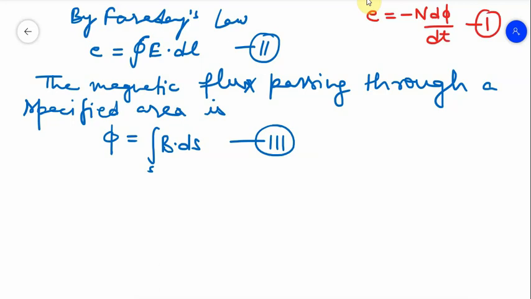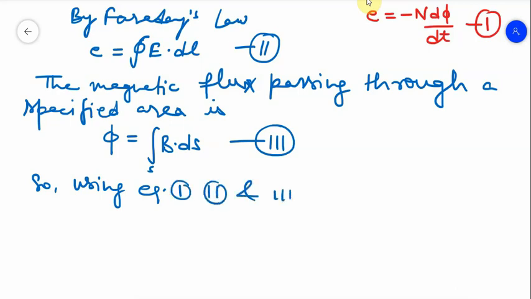So now using second equation in first equation, using equation 2 in 1, so what we can write? Or we can say that using equation 1, 2 and 3, simply. So by using equation 1, 2 and 3, what we can write?